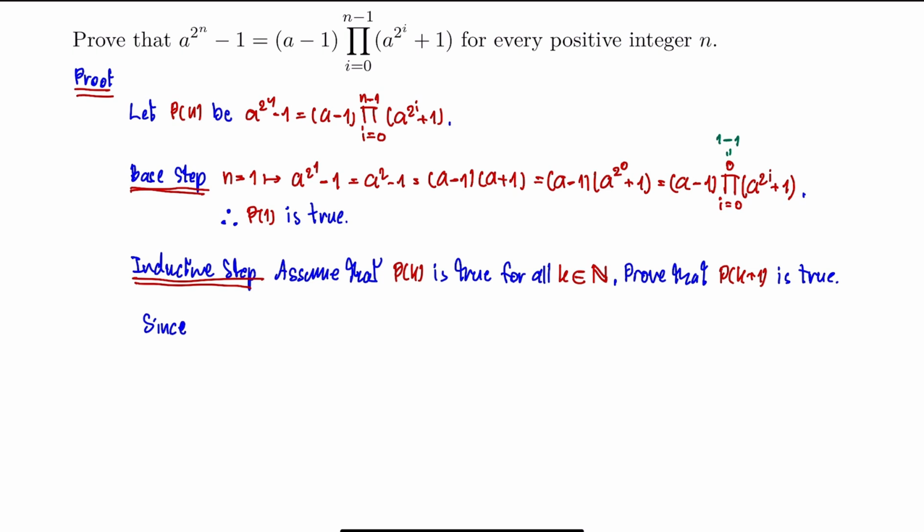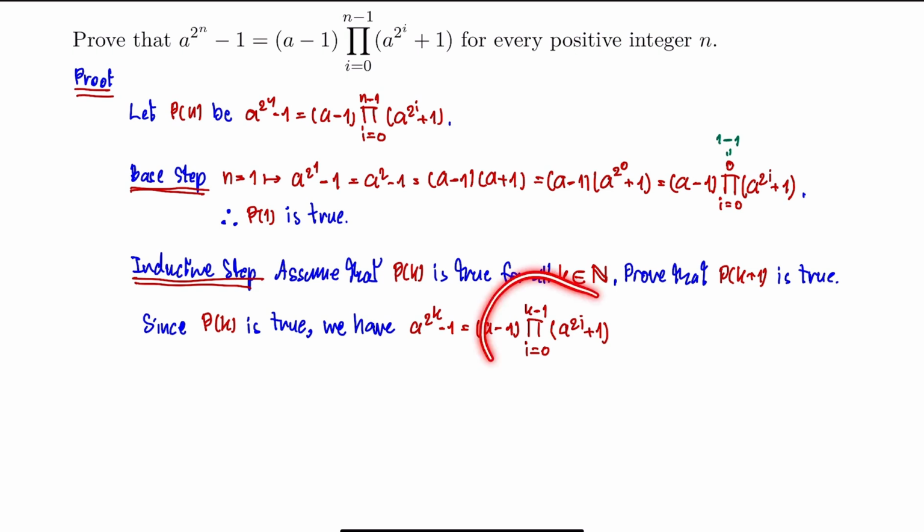Since P of k is true, what do we have? When P of k is true, we have a to the 2 to the k minus 1 equal to a minus 1 times the product from i equal to 0 to k minus 1 of a to the 2 to the i plus 1. Let's try to write this product.